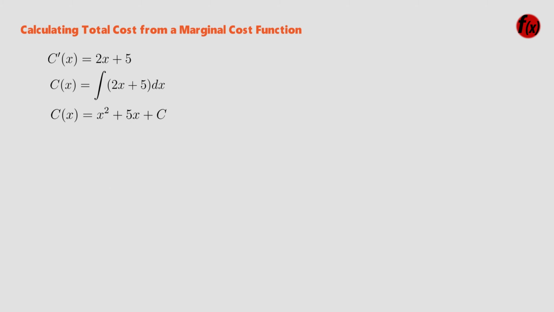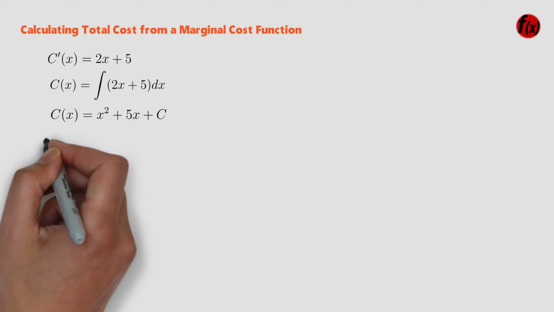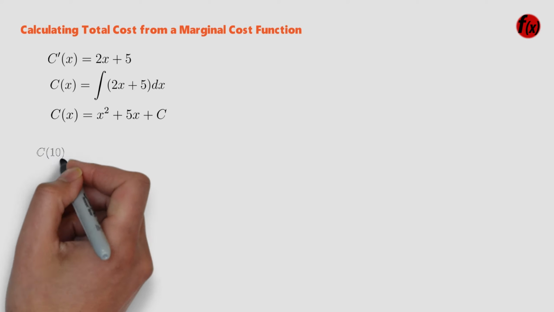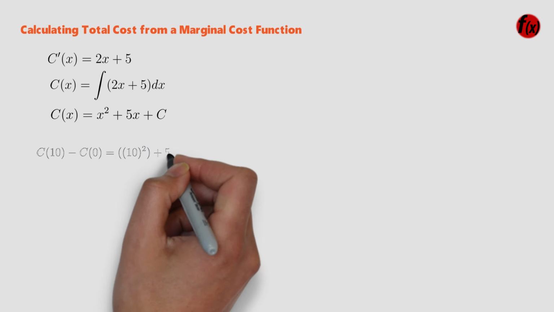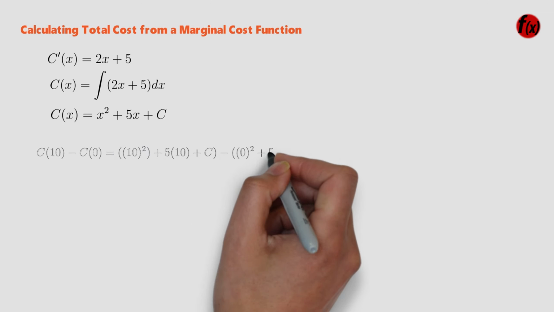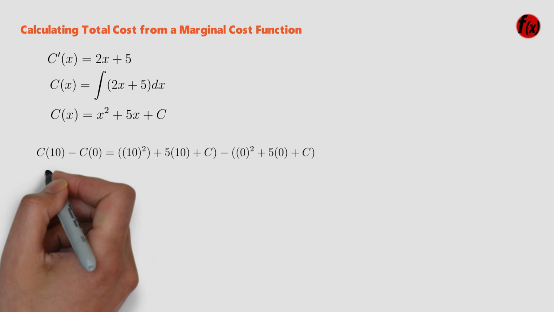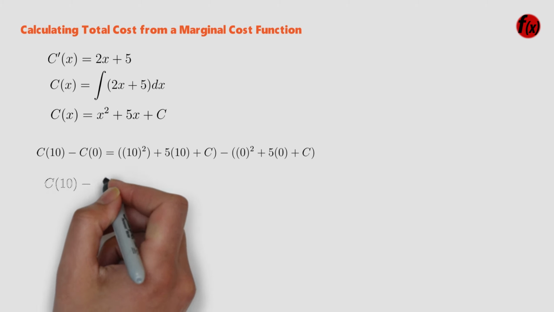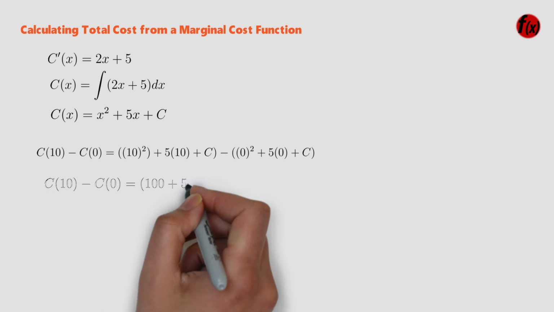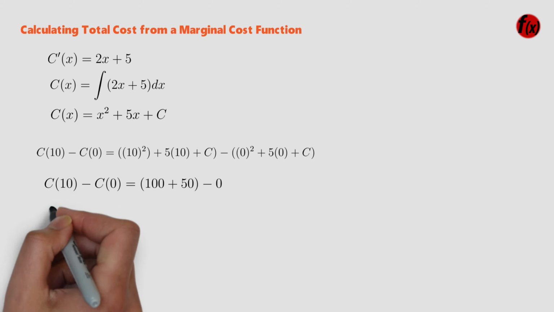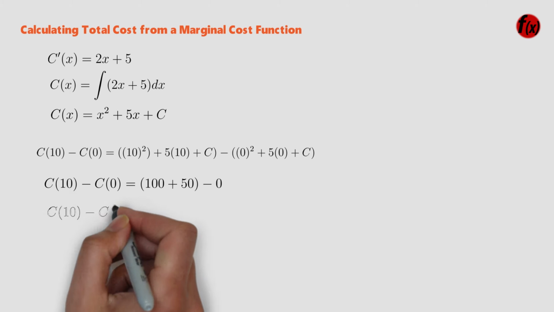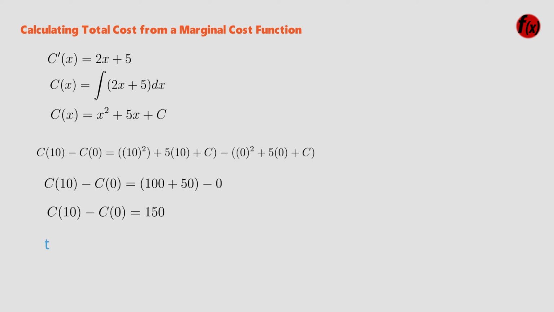To find the total cost of producing 10 units, you evaluate the definite integral. So, the total cost of producing 10 units is $150.